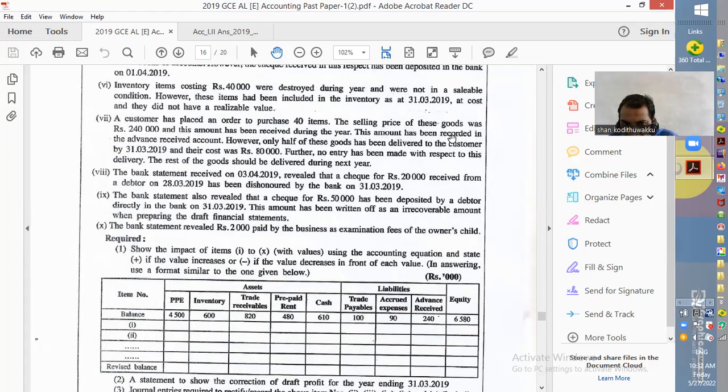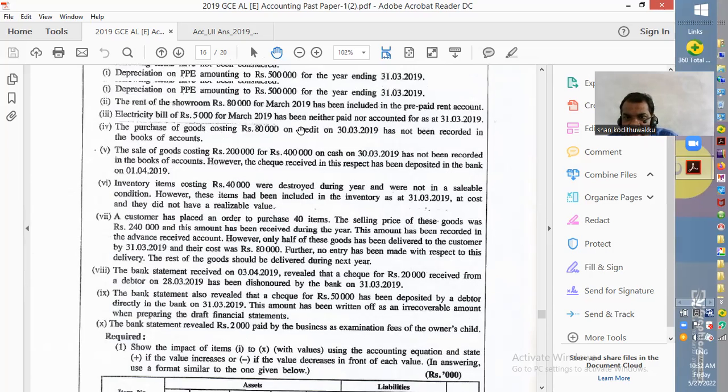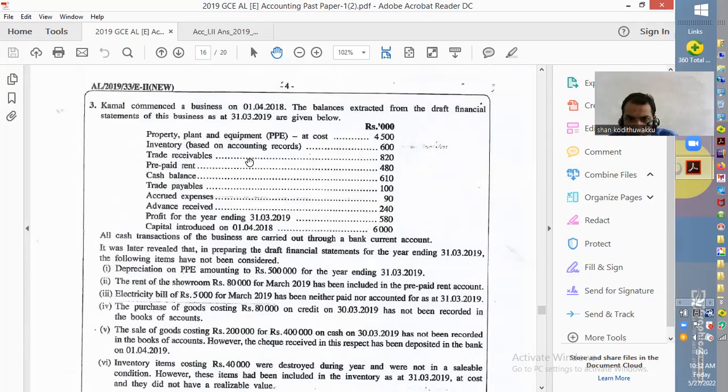The amount has been recorded in the advance received account. The customer has given an advance, that is a sales advance liability. Until the customer buys goods, it is a liability. That's why in the closing balances, they have mentioned advance received 240. We can cancel this 240 when the business sells goods to the customer.